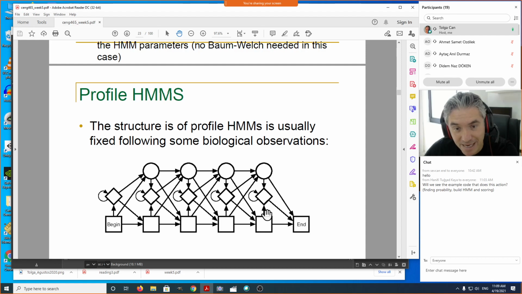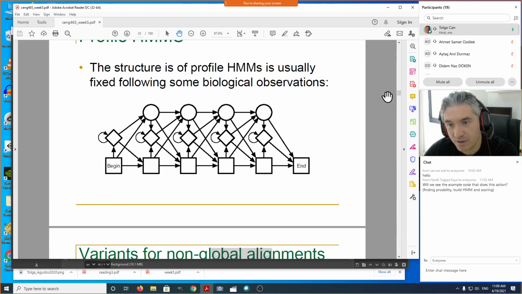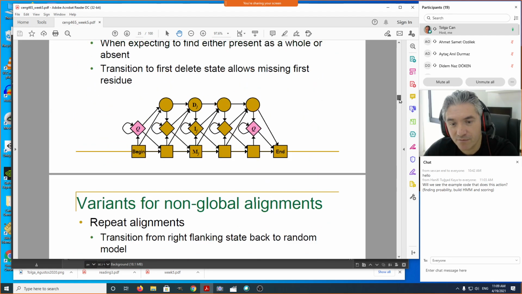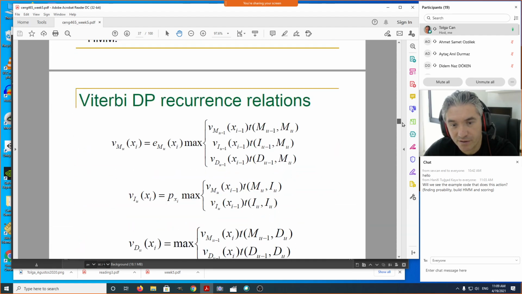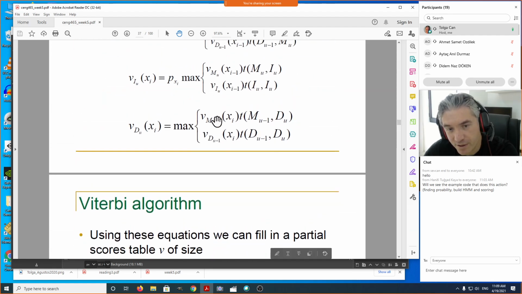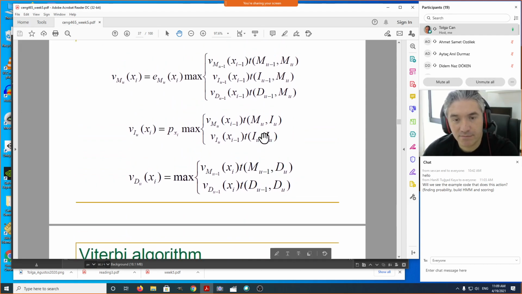It cannot be a match state or some other thing. The main rule is that the right-hand side of the Viterbi recurrence relation shows whatever preceding states are possible leading to the state you're trying to compute the probability for.